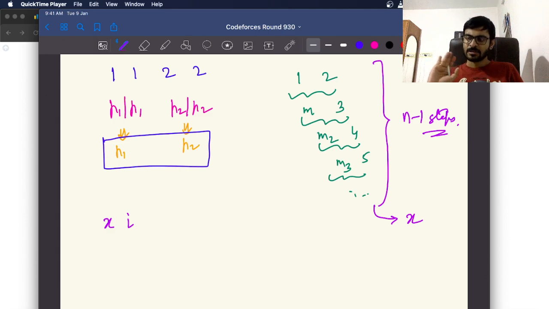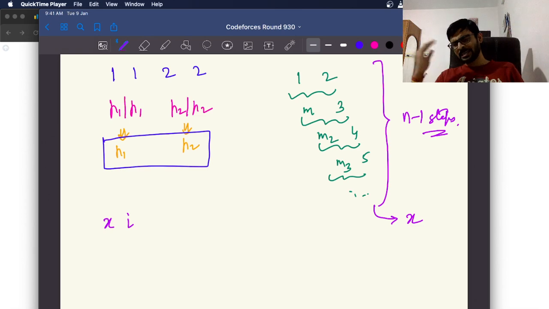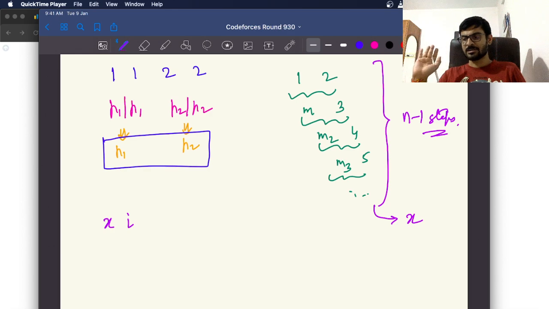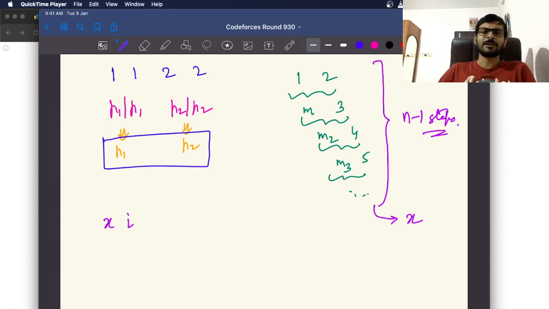Now for that, first of all, the OR should be maximum. It can happen that the OR is maximum, but still the XOR is lesser because of some common bits. So I was thinking in some wrong ways that, okay, these many bits can be common, these many bits can be different, and how can we take all possibilities. But then it took me some time to figure out, what if I find all those numbers for which the bitwise OR gives me the maximum value.